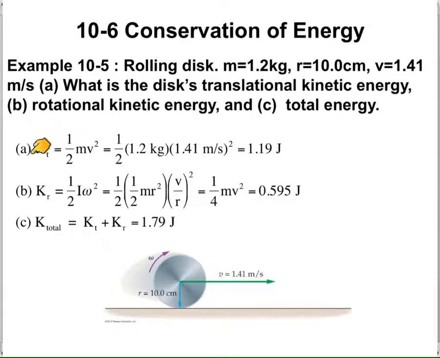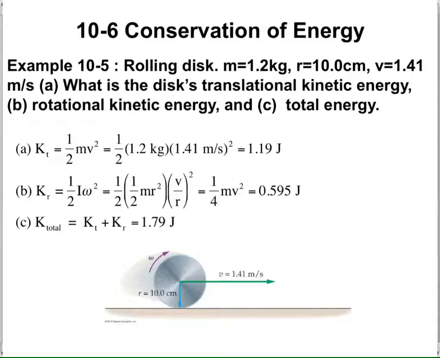The translational kinetic energy is 1/2 mv square, and it is 1.19 joules. Is this the total kinetic energy of the object? No. You also have to calculate the rotational kinetic energy. And since a disk has a moment of inertia of 1/2 mr square, if the disk has a radius of r, you calculate this, get 0.595 joules of rotational kinetic energy.